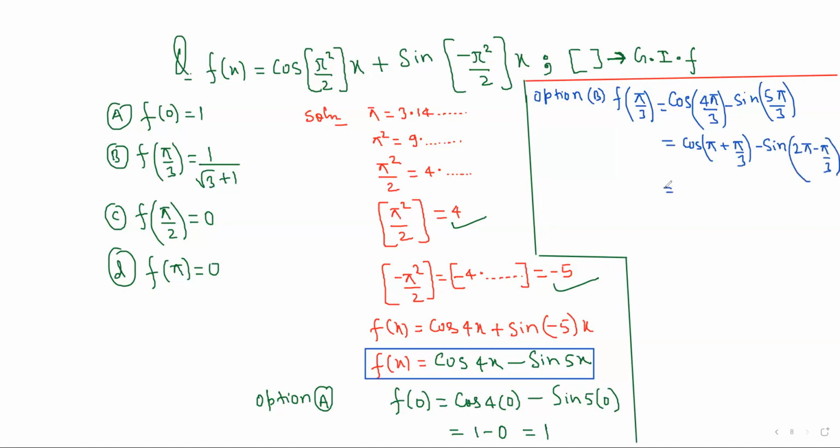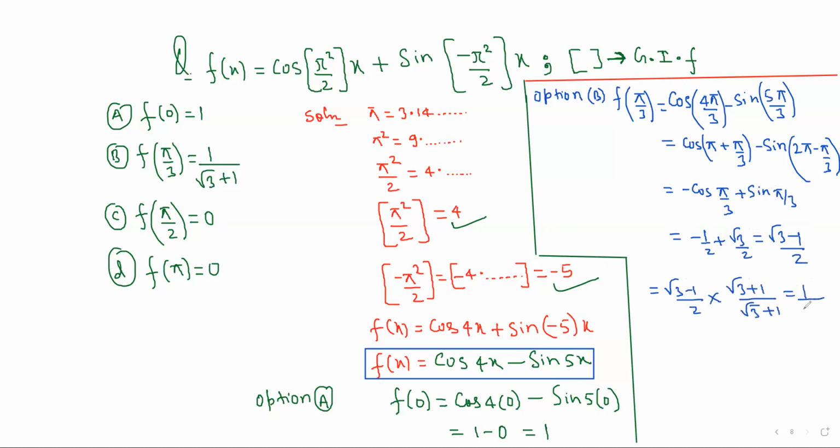So finally this is minus cos π/3 plus sine π/3, which is minus 1 by 2 plus root 3 by 2, that is root 3 minus 1 by 2. To rationalize it, multiply by root 3 plus 1 upon root 3 plus 1. This is simply 1 by root 3 plus 1. So option B is correct. I think this will be clear to all.